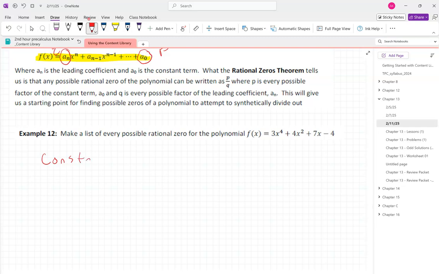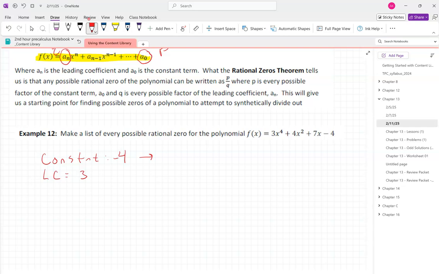My constant term is 4, well, negative 4, I guess. And my leading coefficient is 3. So what are the numbers that are factors of 4? What are the numbers that divide 4 evenly? There's 6 of them.